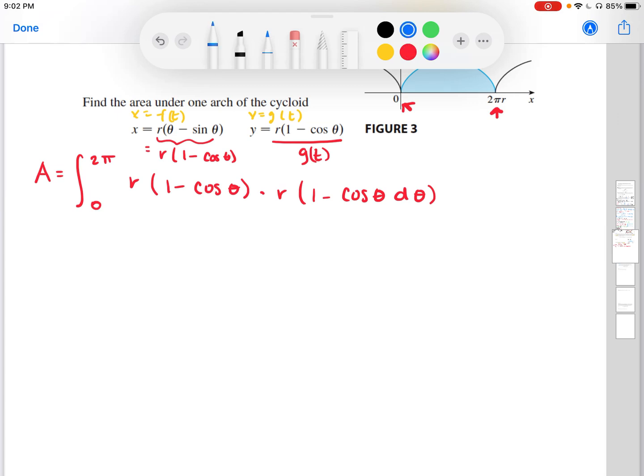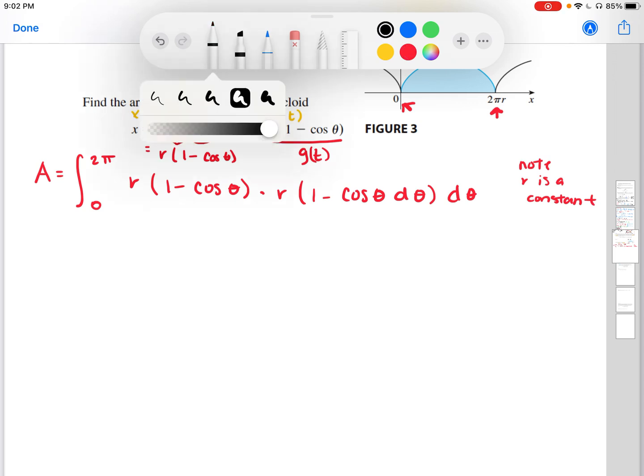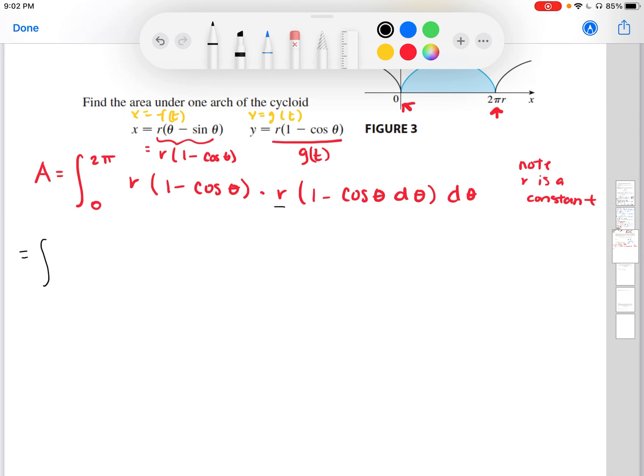Okay, let's go ahead and clean this up. Just a quick note: the variable we're working with is theta, so t is our theta. So r is just a constant. It's just a number. So here, let's take r and r out.